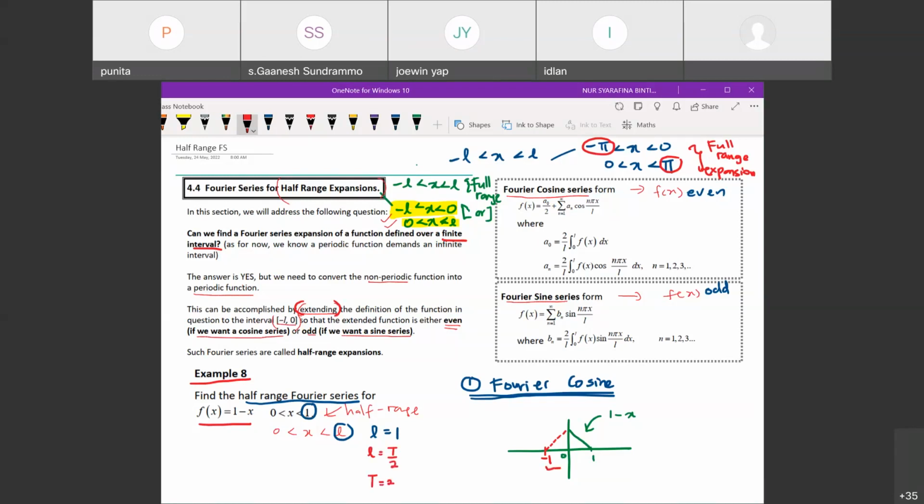So as you can see, T here equals to... sorry. This is the original function, not the extended function.